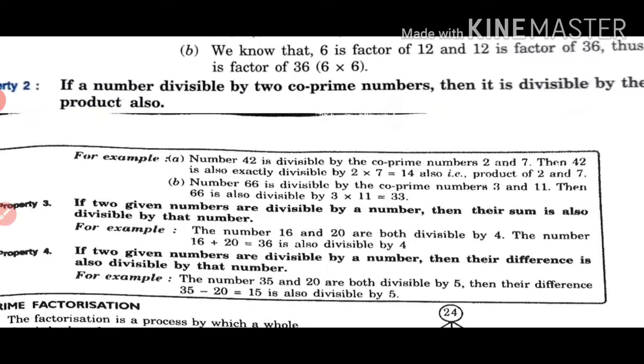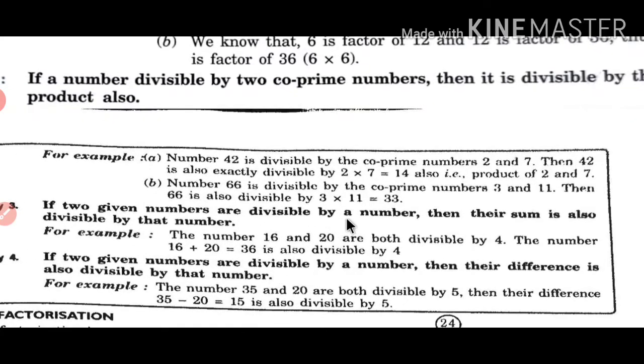Then property 3: If two given numbers are divisible by a number, then their sum is also divisible by that number. The numbers 16 and 20 are both divisible by 4. We have to take two numbers, so we have taken 16 and 20, and we know that these two numbers are divisible by 4.